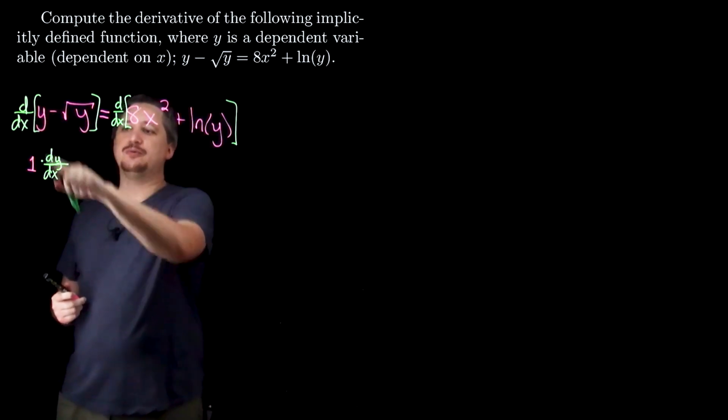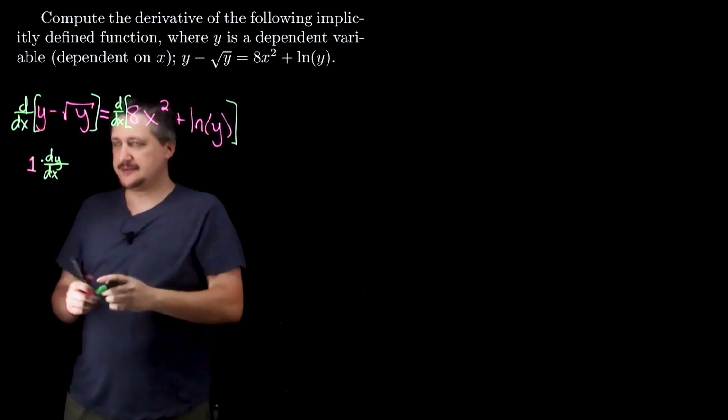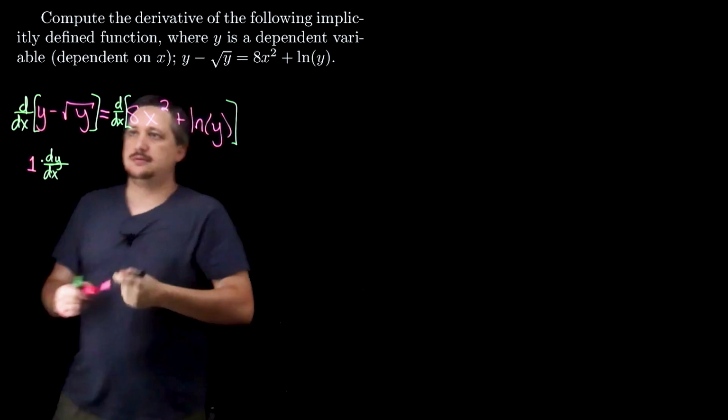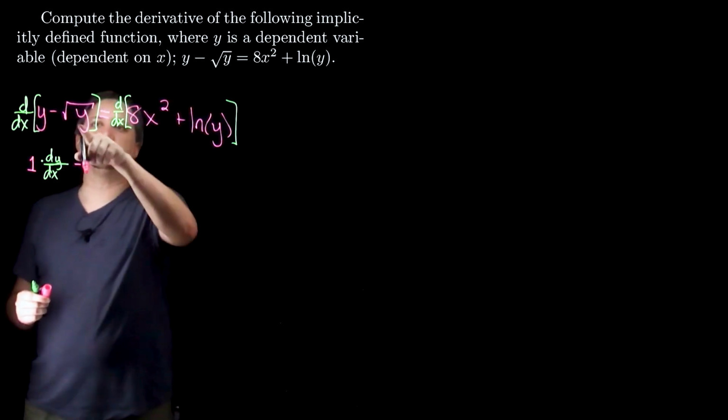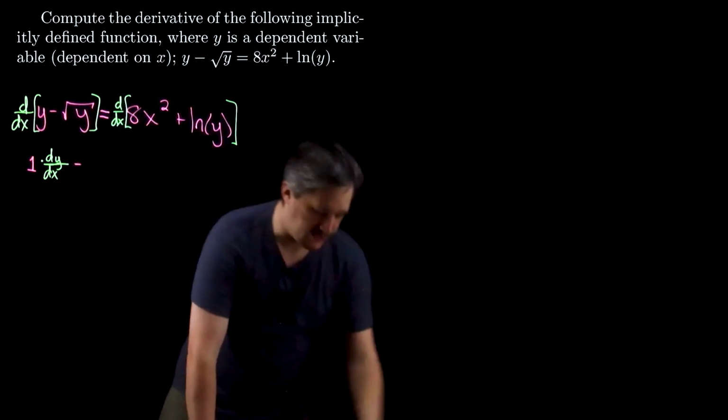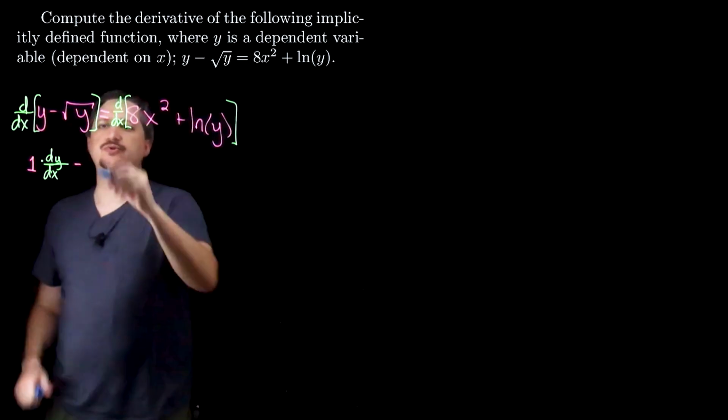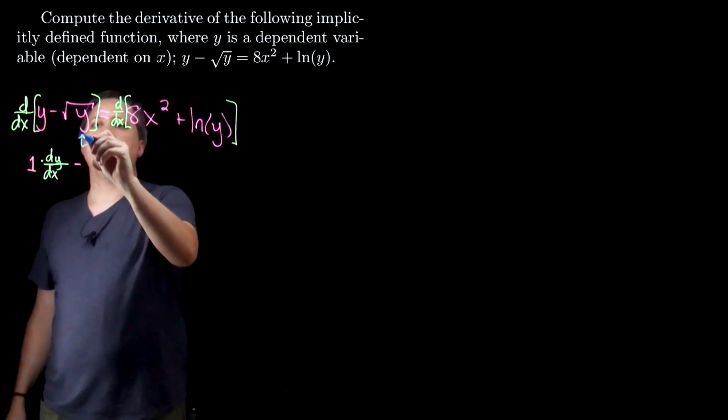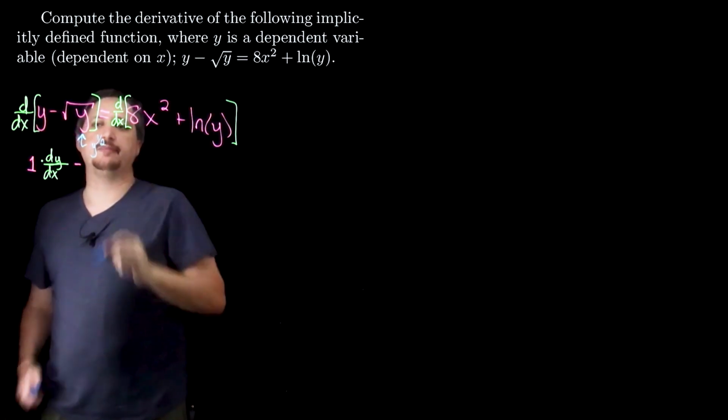Regardless, the derivative of y gets me y prime, or dy/dx. Then same deal here, I'm going to treat this as a note: it's always good to treat your roots as powers. So this is really x to the 1/2 power.